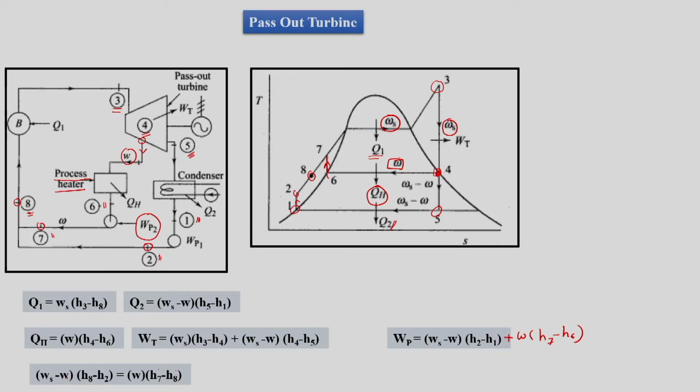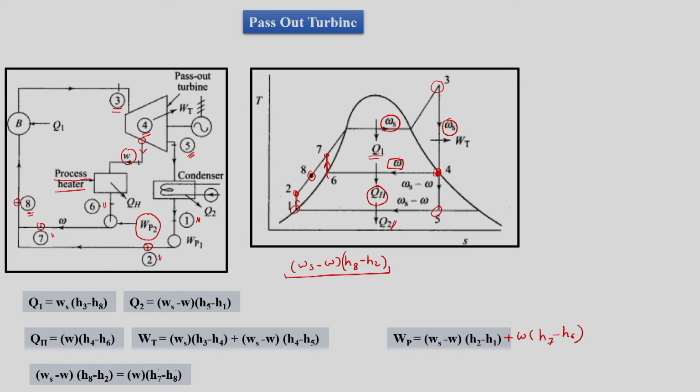Here we are writing the energy balance for the liquid mass of water which is getting mixed between the two states 2 and 7, and then forming state 8. That is, Ws minus W amount of water at state 2 is mixed with the water at state 7, and then it changes its enthalpy to 8.